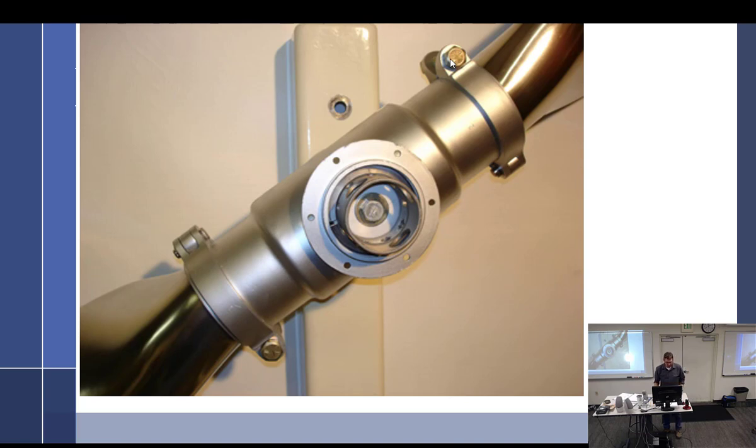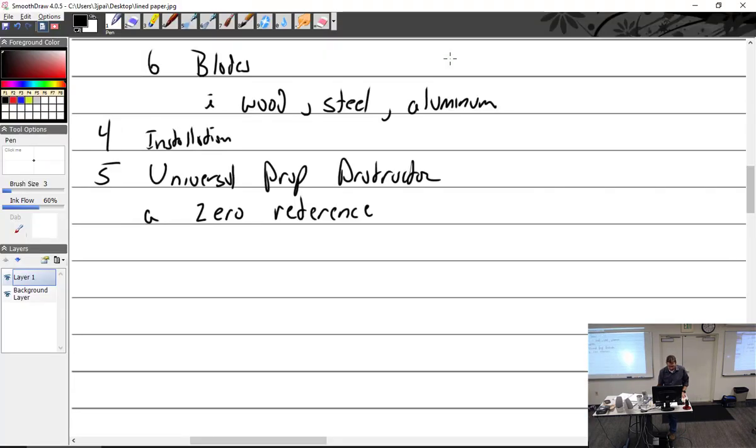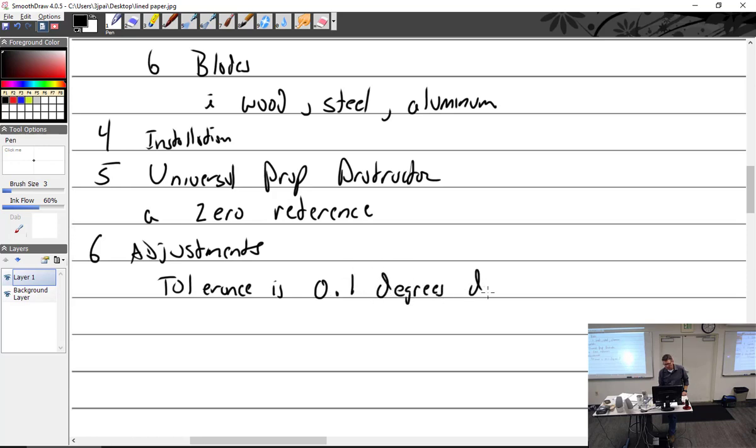So we are looking for a specific tolerance. Adjustments. Tolerance is 0.1 degrees difference between blades.